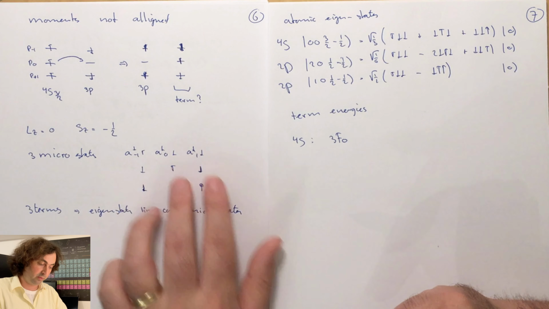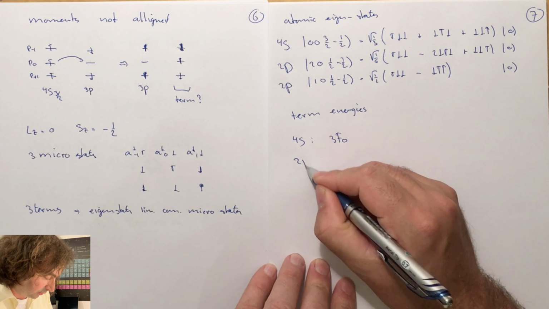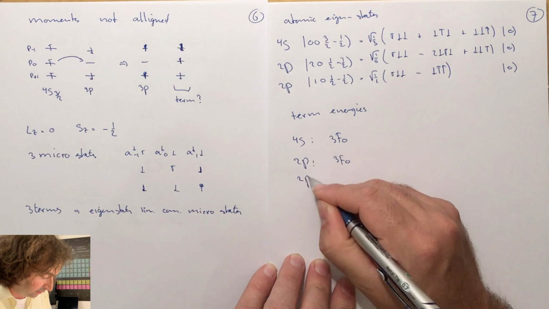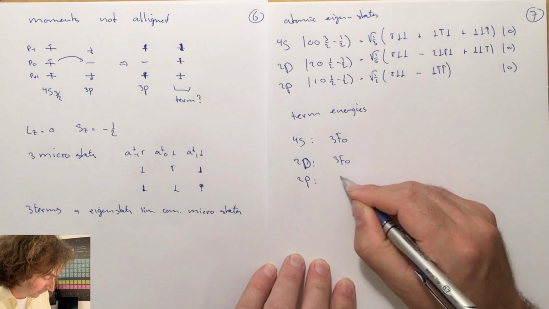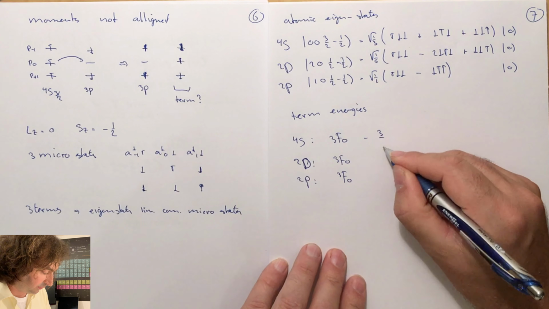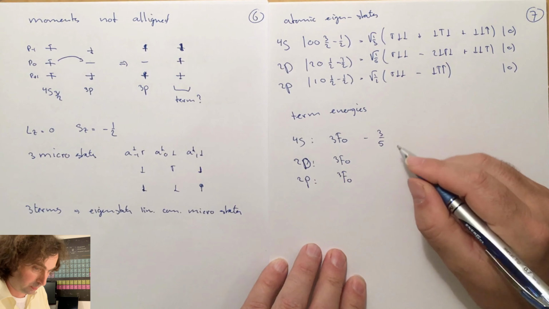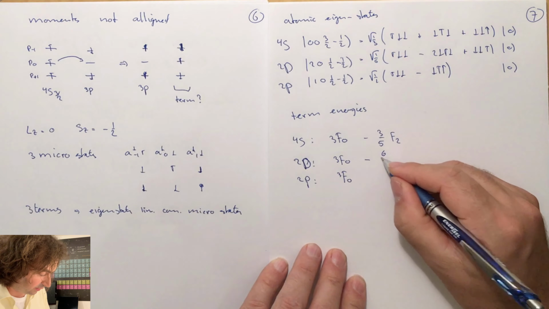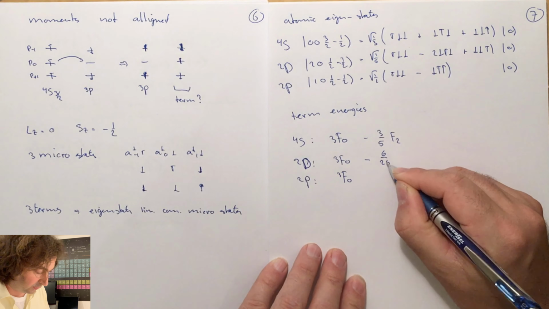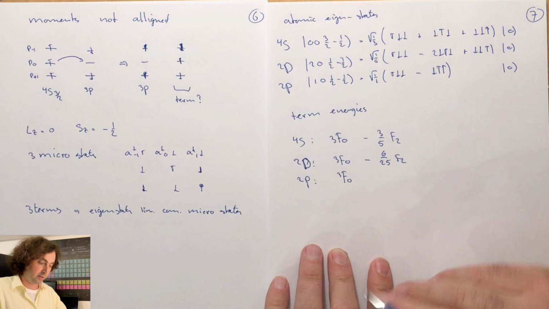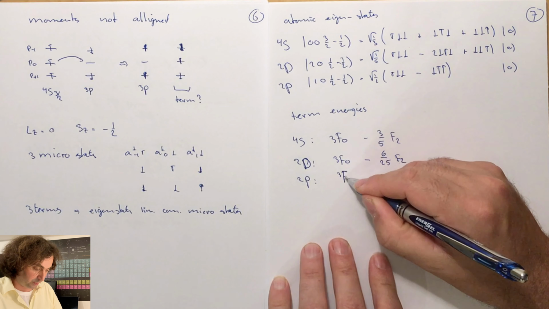There are 1, 2, 3 pairs in there, so also the 2D will have an energy of 3F0, and the 2P will have an energy of 3F0, and then the ground state is reduced by 3/5 of F2, and the first excited state 6/25 F2, and the 2P has no multipole part of its Coulomb interaction.